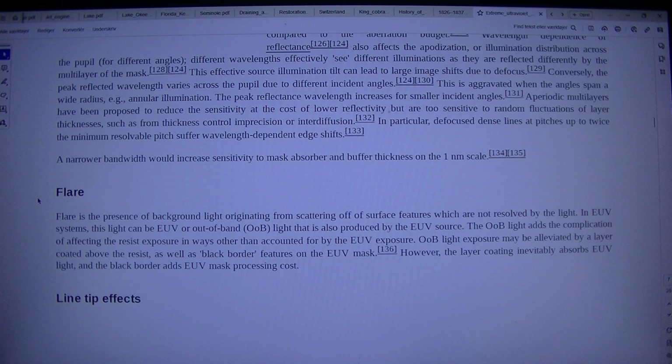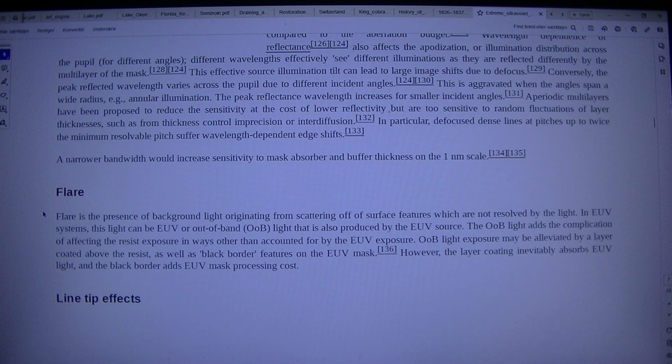134, 135. Flare. Flare is the presence of background light originating from scattering off of surface features which are not resolved by the light. In EUV systems, this light can be EUV or out-of-band, OOB, light that is also produced by the EUV source.